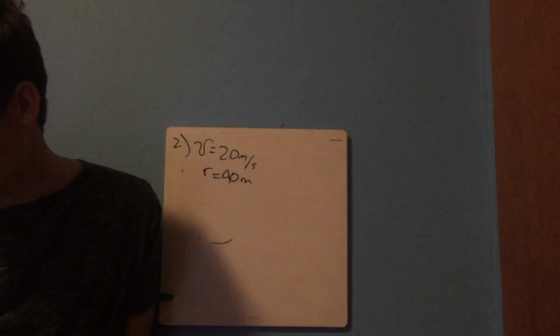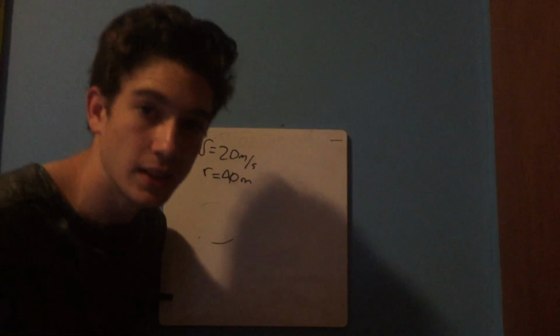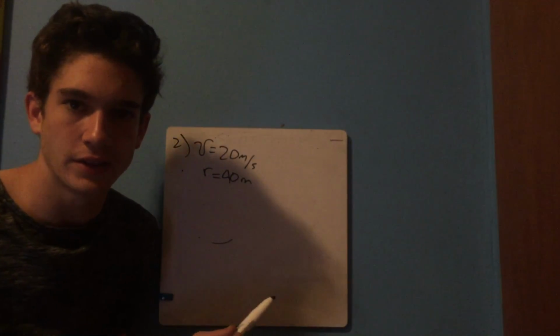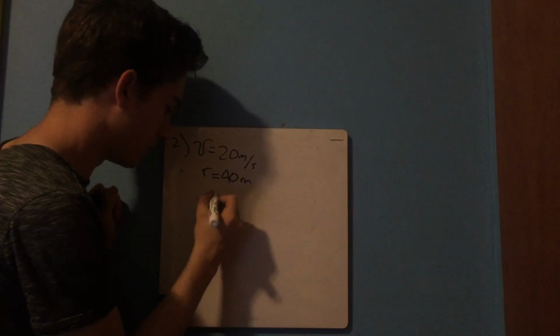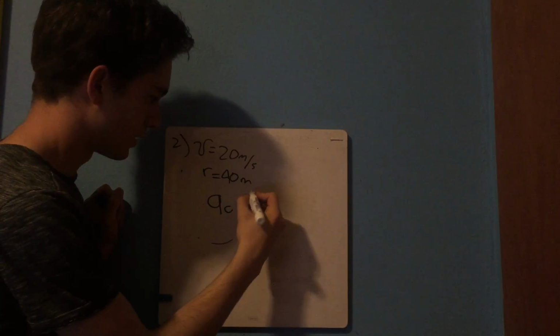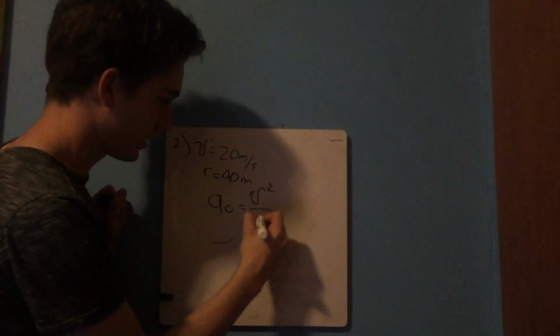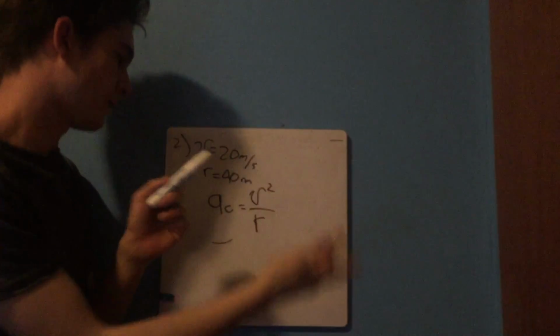So what it asks us is the following. What is the centripetal acceleration of the cyclist? So for this question, we have the following formula. Centripetal acceleration equals velocity squared divided by the radius. All right? It's pretty simple.